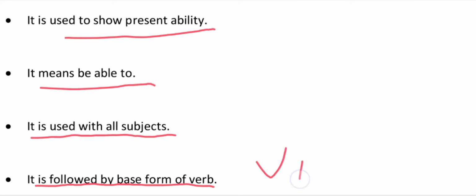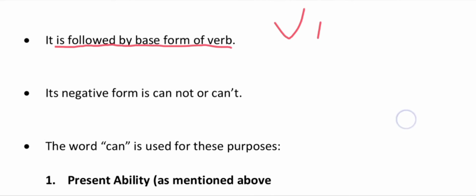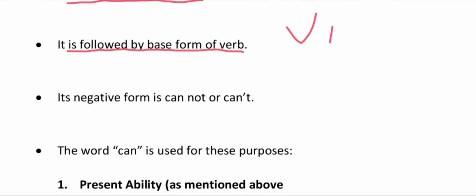It is followed by verb 1. So can is a modal auxiliary verb. It is used to show present ability of someone, and it is always followed by either a negative or an interrogative first form of verb.